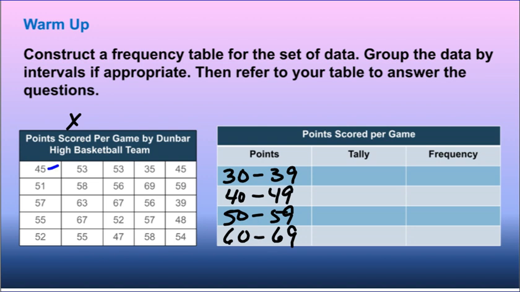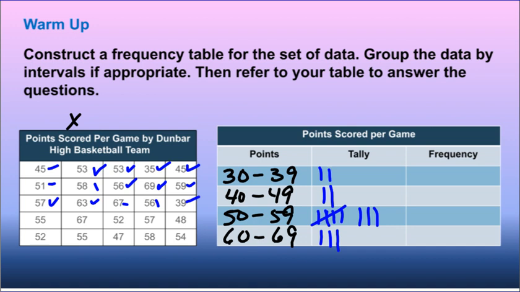So 45. 45 is in the 40 range, so I put a tally mark there. 53 is in the 50s. 53, another one here. 35 is in the 30s. 45 is in the 40s. 51 in the 50s. 58 is in the 50s. 56 is in the 50s. 69 is in the 60s. 59 is in the 50s.